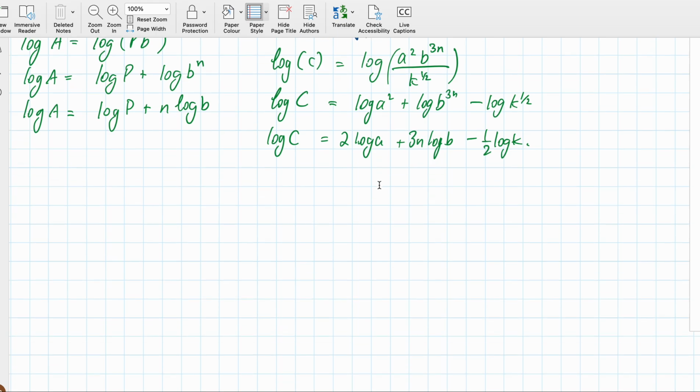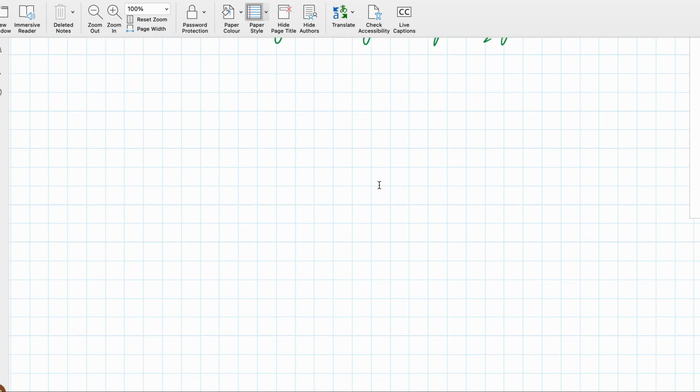What we're going to do now is go the other way around. So we are going to go from log form into exponential form. So here's some equations we're going to be looking at. And this one here.